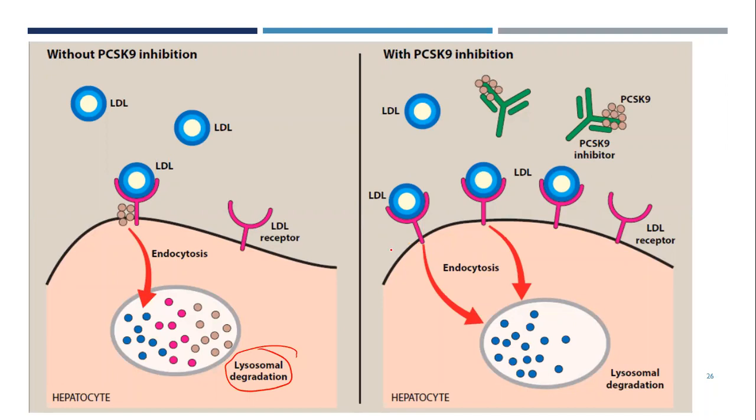But with PCSK9 inhibition, we can achieve more LDL receptors on the surface of the hepatocytes, and more binding or more intake of the LDLs with it, thus reducing the circulating LDL levels.